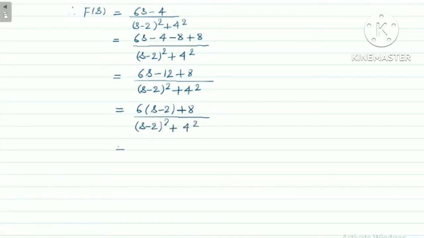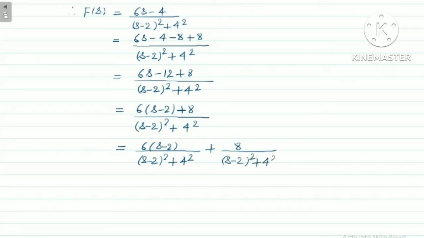Now you can separate this: 6 times s minus 2 divided by s minus 2 whole square plus 4 whole square, plus 8 divided by s minus 2 whole square plus 4 whole square.